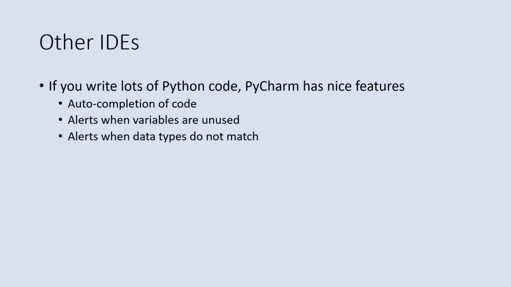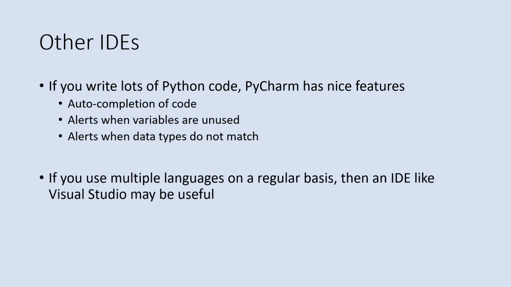If you create a variable and you don't use that variable, then Pycharm will give you an alert. If data types don't match, it will alert you on that. There are lots of fundamental errors that both environments will point out, but Pycharm will kind of warn you ahead of time, hey, this might be a problem in future. You might want to take a look at it.